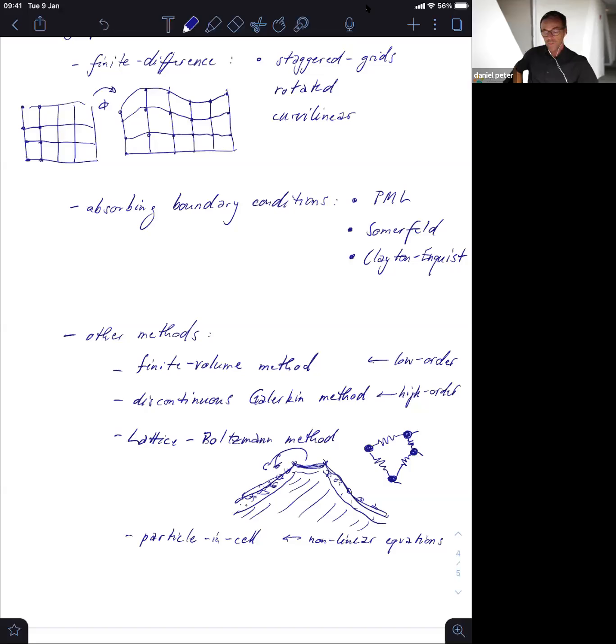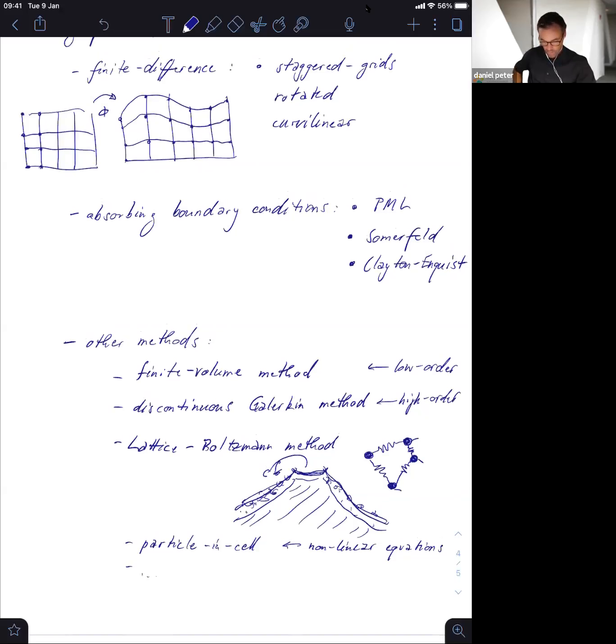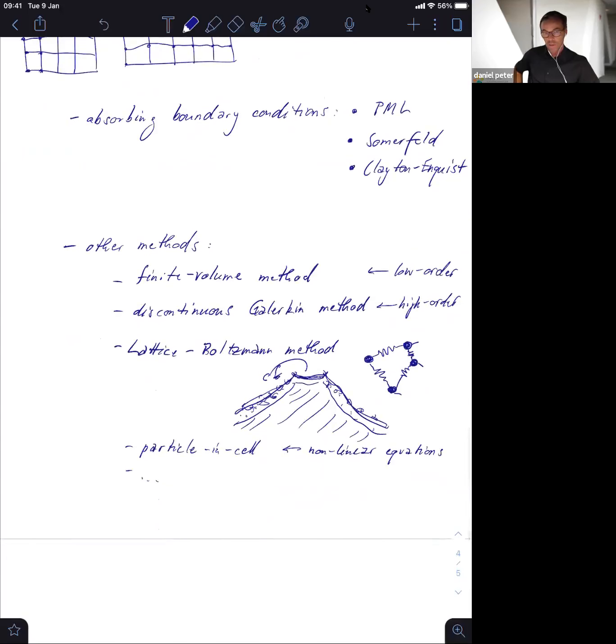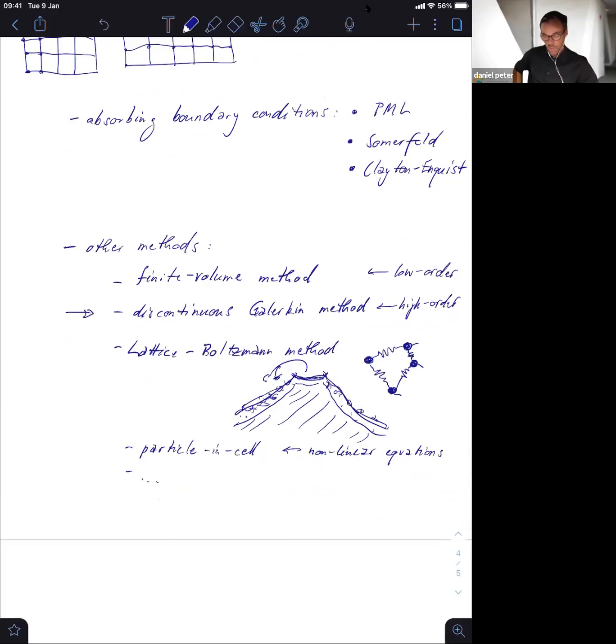Yeah, there are probably still way more than that, which I keep forgetting. But if we look at the wave propagation part, then the top one has become a very popular approach for wave propagation as well.